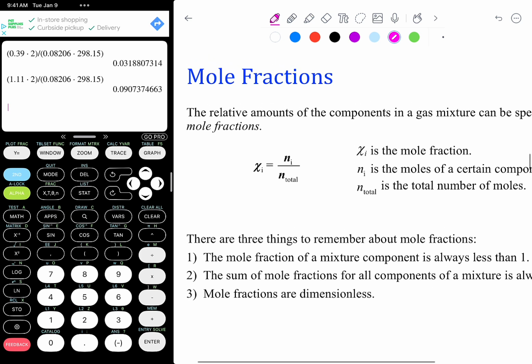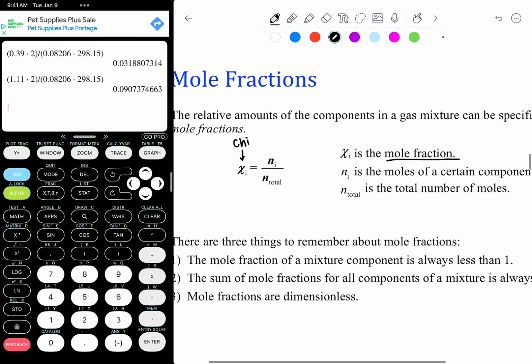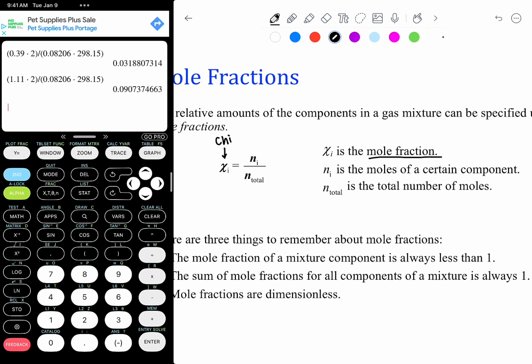This is chi, Greek letter chi, and it is the mole fraction. That's just how we represent mole fractions. And it's equal to the moles of a certain component, n sub i, divided by the total moles in the sample. So it's like a part over a whole in our gas mixture.